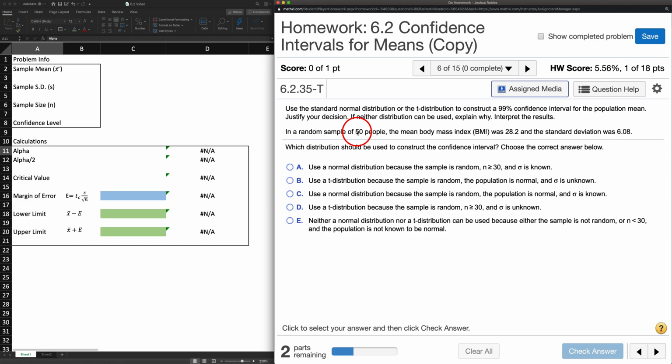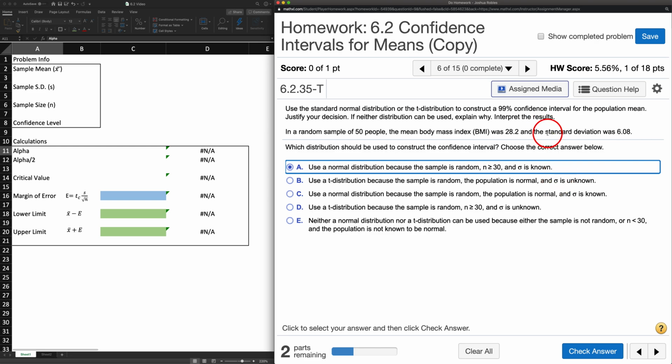So the question is then, we're going to be able to do this problem, but is it a z or a t distribution? And that all relies on sigma, the population standard deviation. So for most of these answers, the last choice is: is the population standard deviation known or unknown? If it's unknown, then you would have the sample standard deviation.